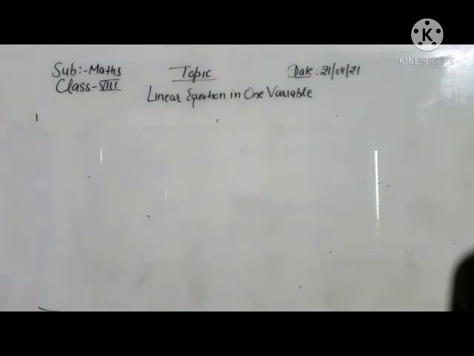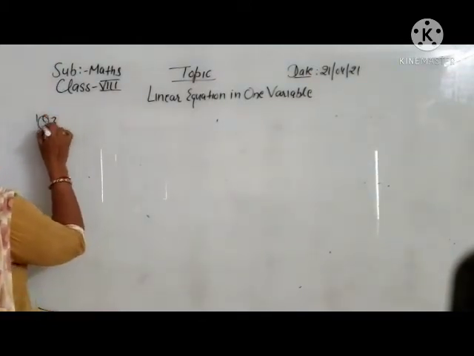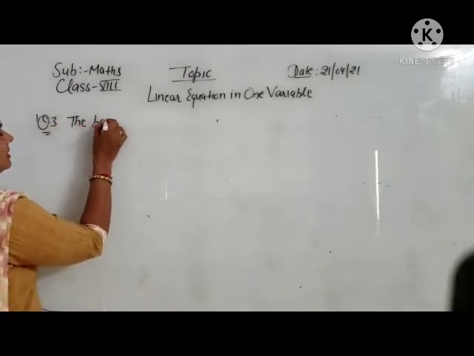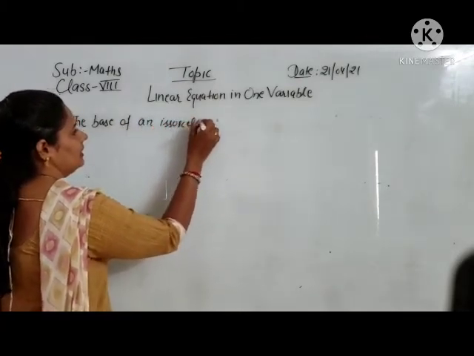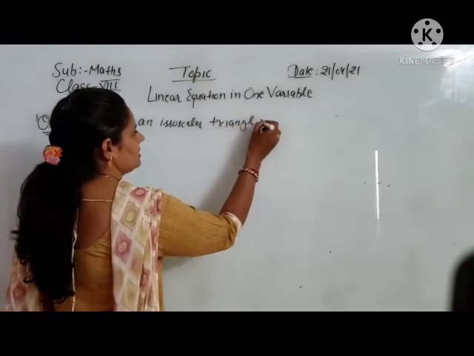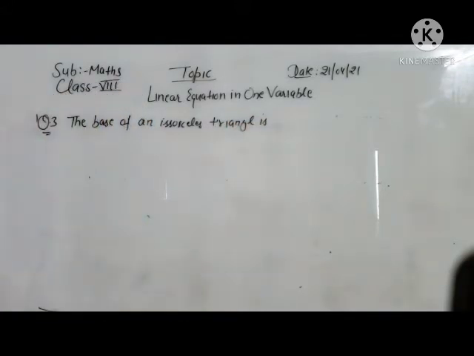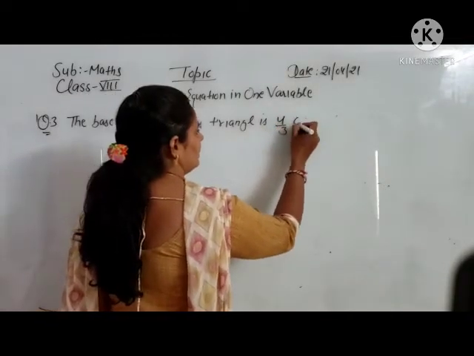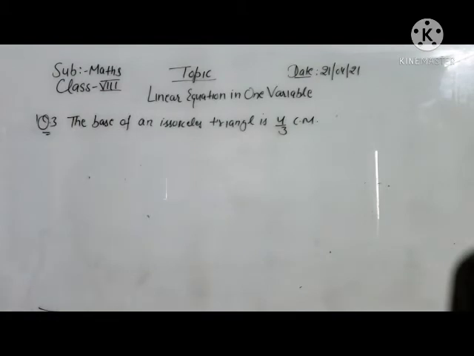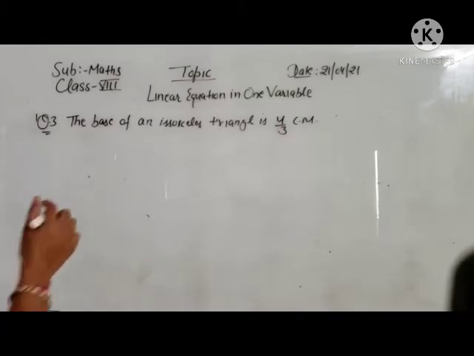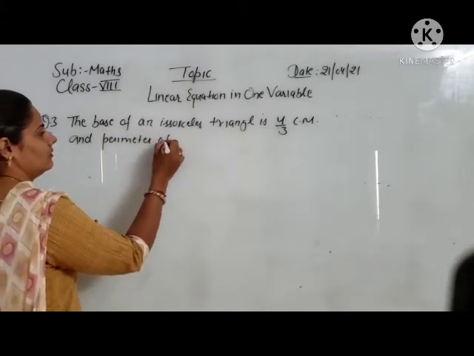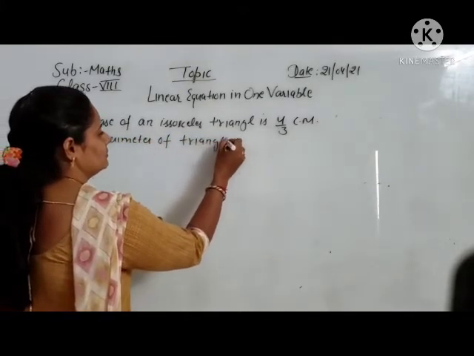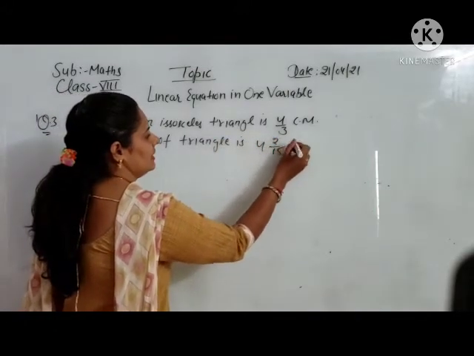The base of an isosceles triangle is 4 by 3 centimeter, and the perimeter of the triangle is 4 2 by 15 centimeter.